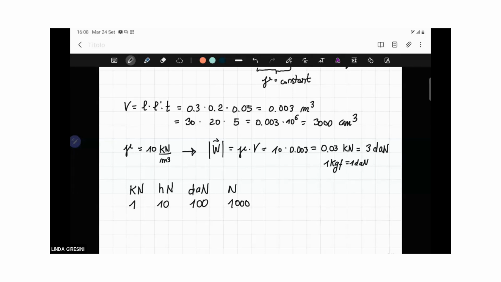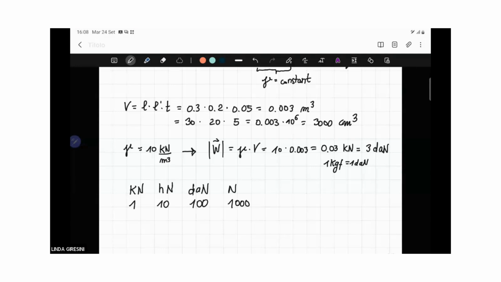If it was like, I don't know, 30 decanewtons for the book, maybe there was something wrong, okay? So I have always to see if my result is realistic. This is the most important thing. Okay, so the result is realistic because 3 decanewtons is good for a book. So probably since the volume is correct for sure, then the specific weight is also correct.